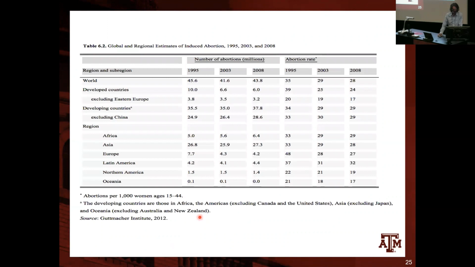So here is the number of abortions. This would be the numerator, as I mentioned before, and the abortion rate, declining from 35 to 28 in the world, 39 to 24 in developed countries, and 34 to 29 in developing countries. And the highest values are in Africa, and also in Latin America. And it's interesting because in Latin America, most of the countries do not allow abortion. Abortion is illegal. By not allowing abortion, these countries also don't make other modern methods of family planning accessible to women in an affordable way.